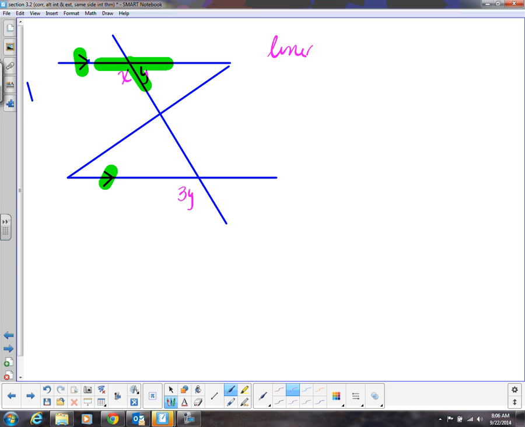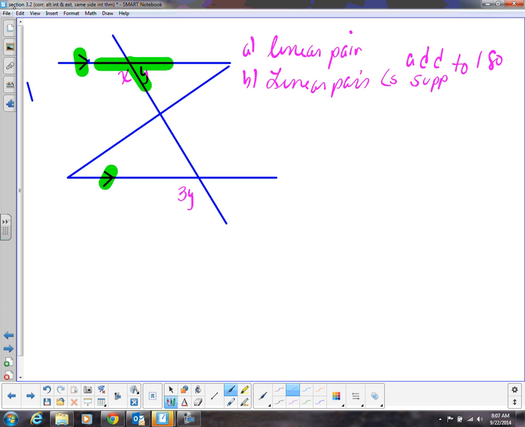They're a linear pair. That's the name of the angles. The relationship would be linear pair angles are what? Supplementary, or you could say add to 180. This is 19 in the book, not on the worksheet. Add to 180. So what equation would you write?